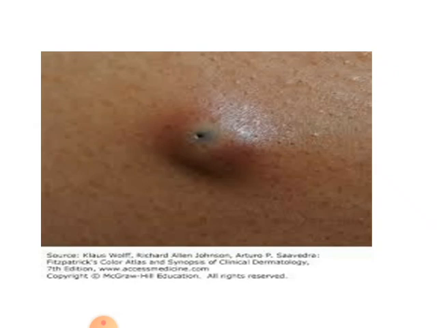This oily material may be inspissated, become solid, and close the opening of the sebaceous gland. The gland secretions then enlarge and form a cyst containing the sebum, forming what's called a sebaceous cyst.